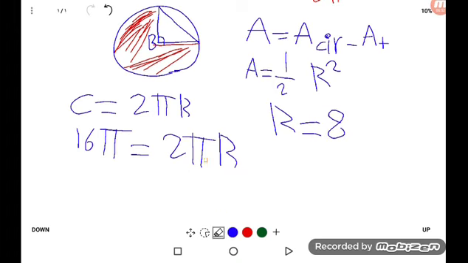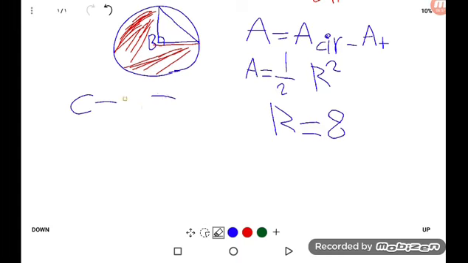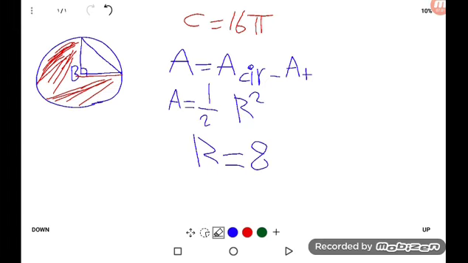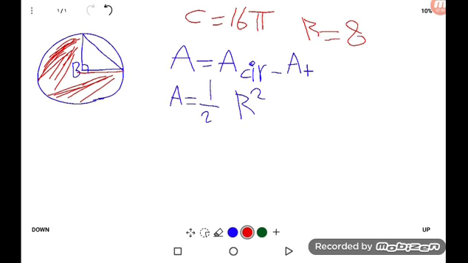Now we have the radius, we can find the area of triangle. Area of triangle is equal half times 8 square is 64. So half times 64 is equal 32. So area of triangle is equal 32.